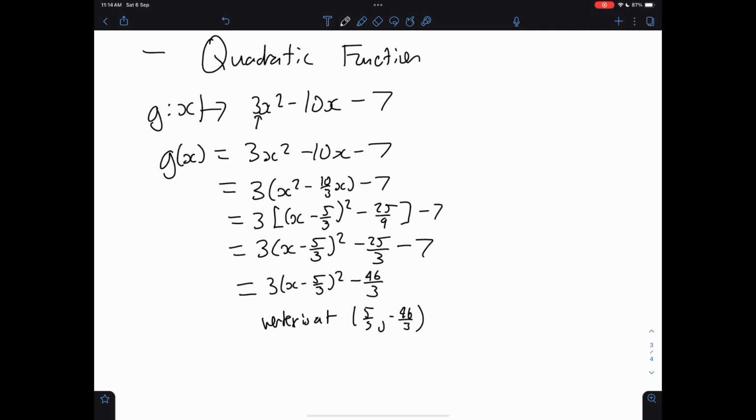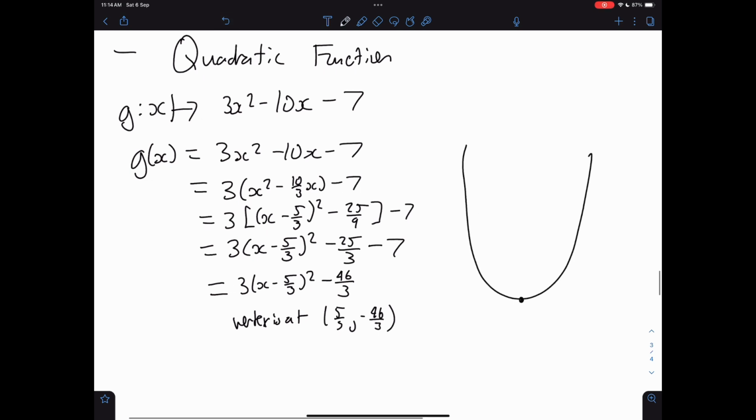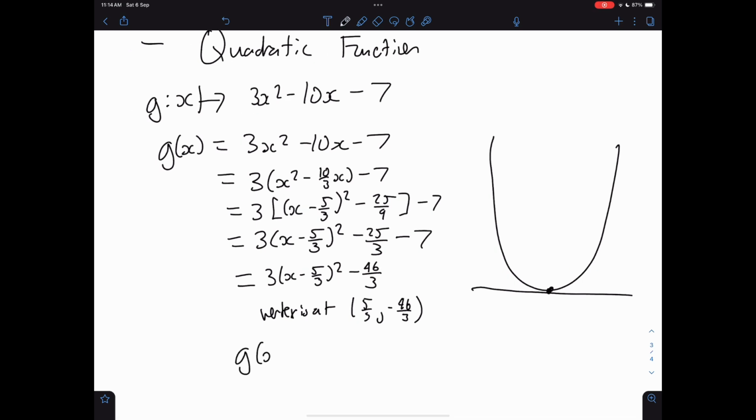And because a is positive, it's going to look like this. And so notice how at that vertex, it's the lowest it can be. So that means g of x is going to be greater or equal to, because you've got that vertex, minus 46 over 3.